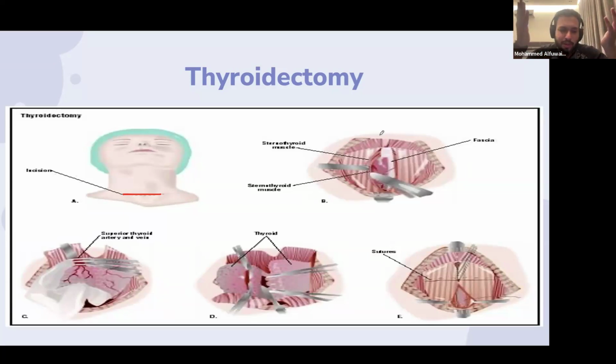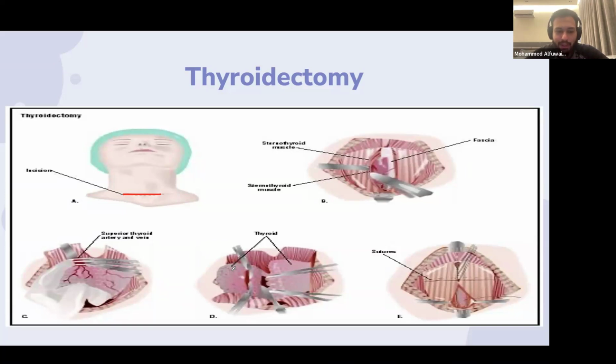You have another nerve, the superior laryngeal nerve, which leads to issues with high-pitched vocal sounds if it's injured. Another thing is there are four organs right behind the thyroid. What are these glands? The parathyroids.